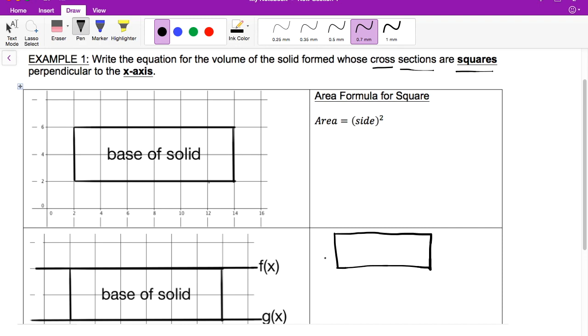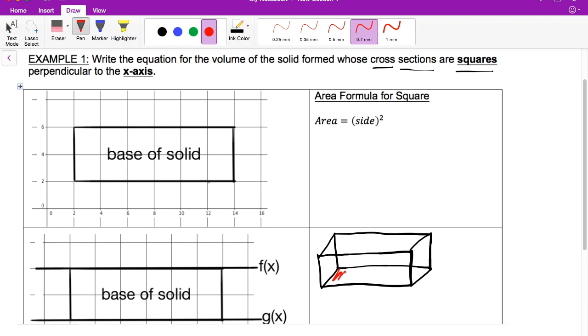I'll draw it lower. I'm just going to draw a rectangular prism and show you how this relates to the graph and the cross section.